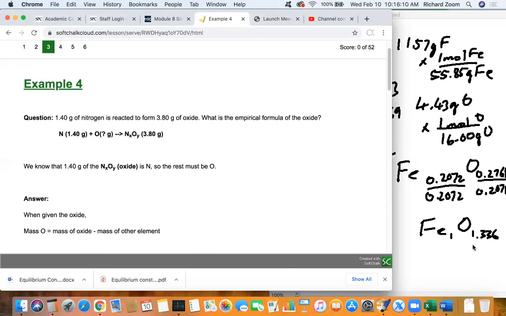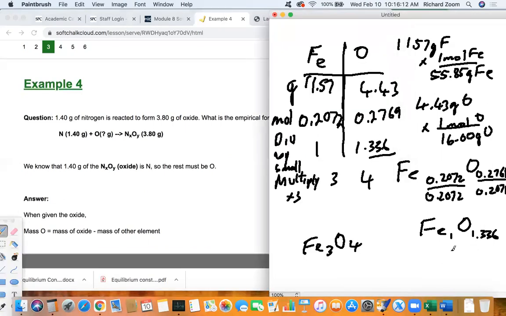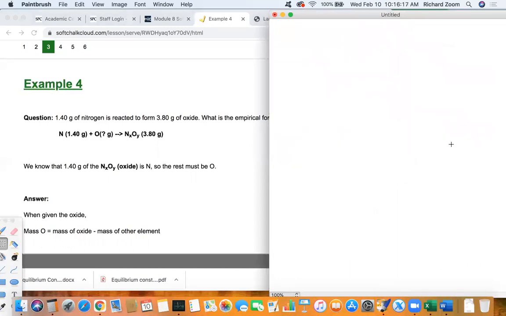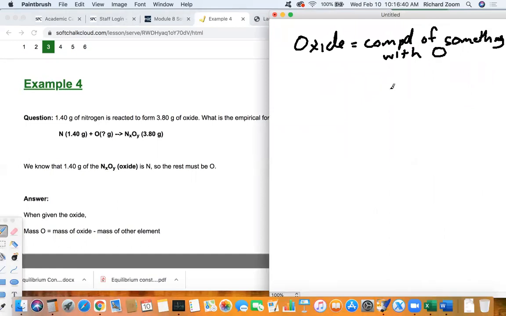Okay. This next example is about oxides. Now, an oxide, and we learned this back from module 6, the definition, is a compound of something with O. And that's really important to understand that that's what an oxide is.